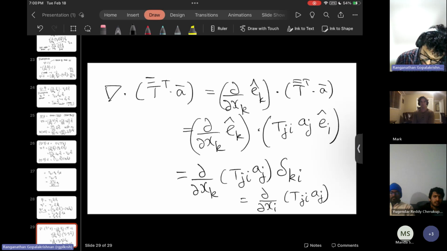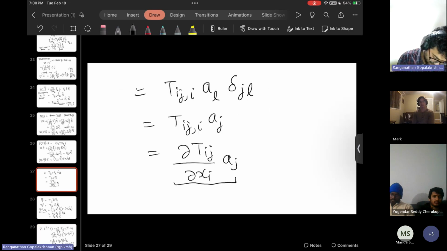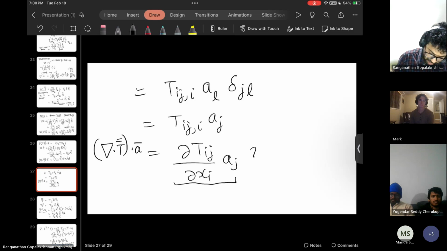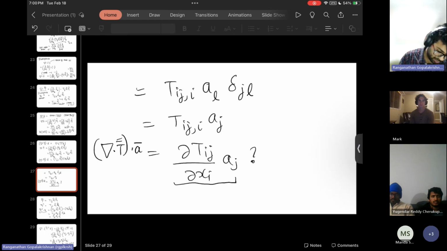How is this the same as this expression, divergence of T dot A? How are these two the same? I'm going to collect them and write here. Okay, so add one more slide.